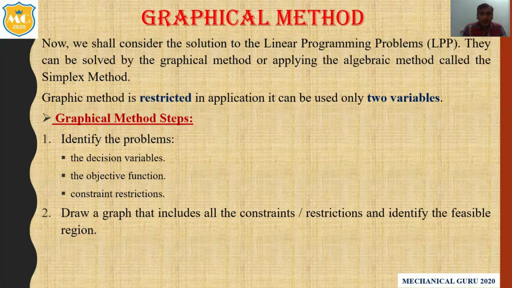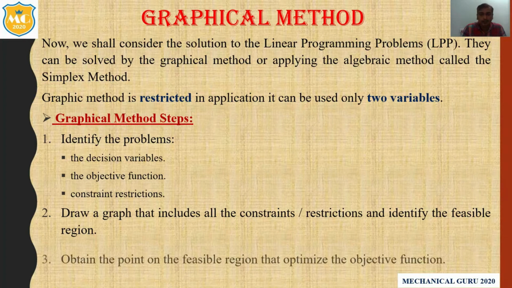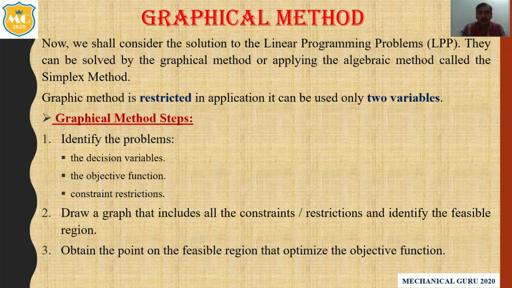Second point, draw a graph that includes all the constraints, restrictions and identify the feasible region. Then next, obtain the point on the feasible region that optimizes the objective function. And the last, interpret the solution, means the result.